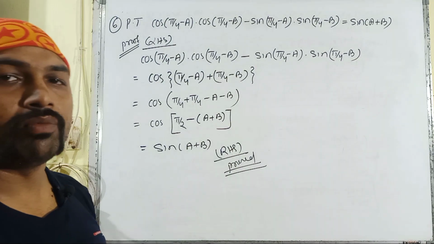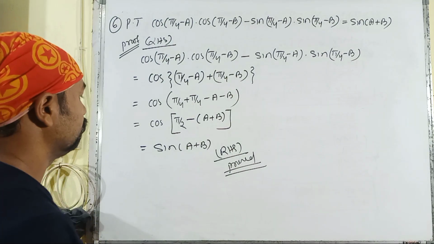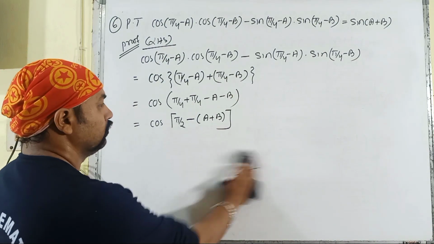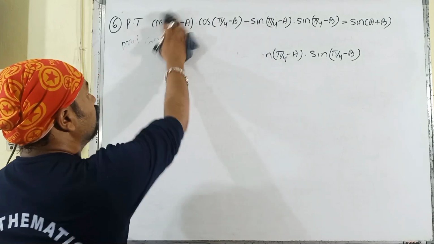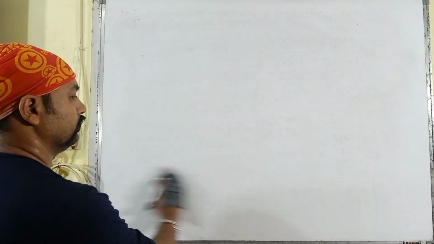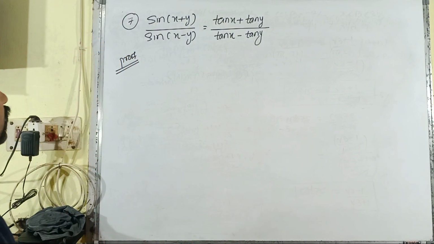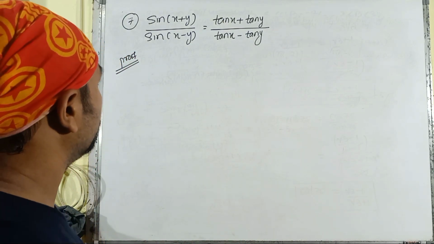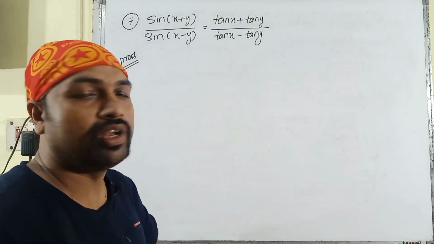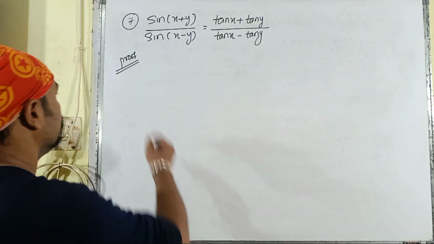Then moving to the problem number 7. Here we have to prove that sin(x plus y) divided by sin(x minus y) is equal to (tan x plus tan y) divided by (tan x minus tan y).